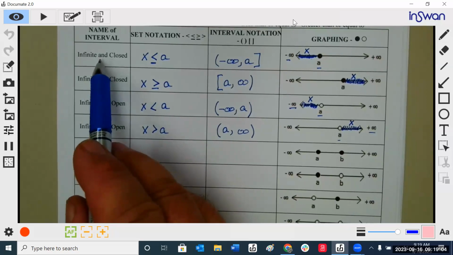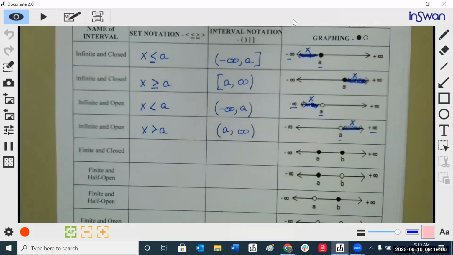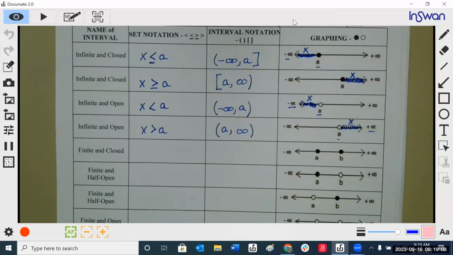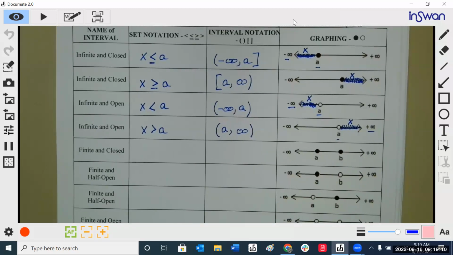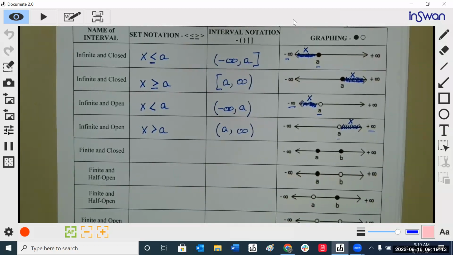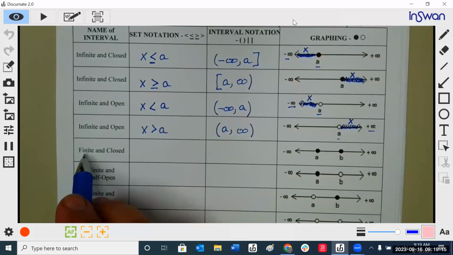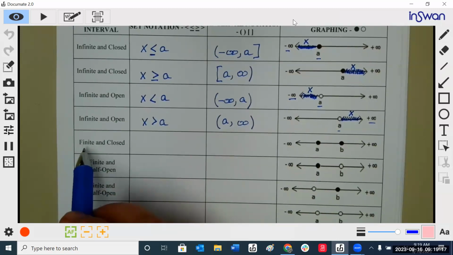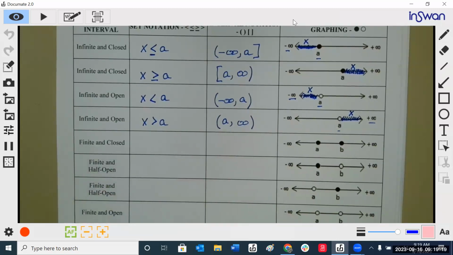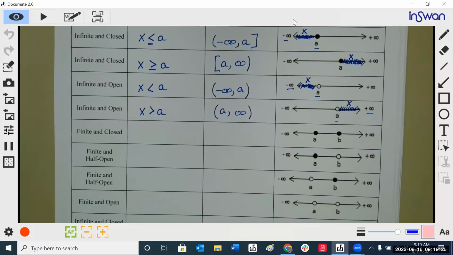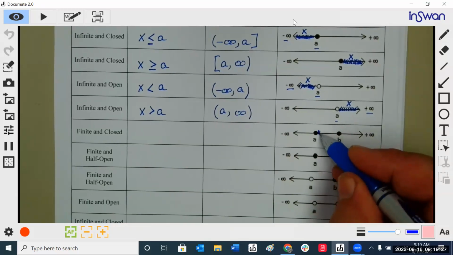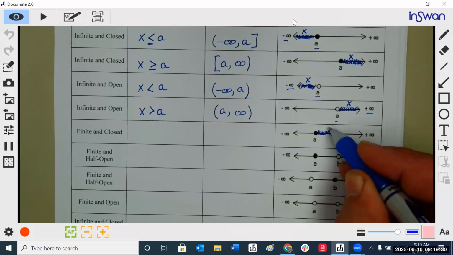So that's what we call infinite and open and closed. It's infinite because it goes forever in one direction. Finite. What does finite mean? Yeah, it's very limited. It has a beginning and an end. So here we're looking at this data.